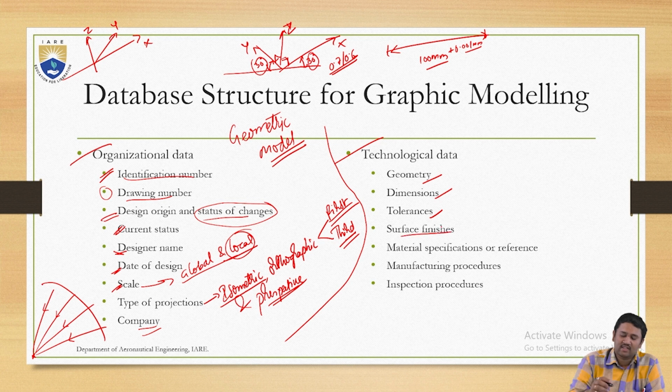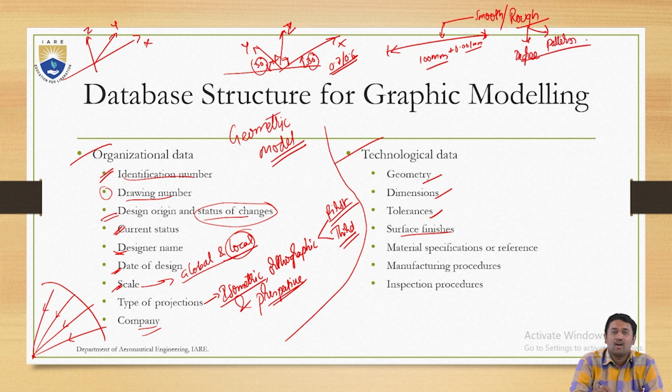Whereas for surface finish, how well is this 100 mm line supposed to be finished? It is supposed to be smooth or rough, or roughness at a particular degree, or a particular pattern. All these things are relevant to your technological data, which includes your final manufacturing.